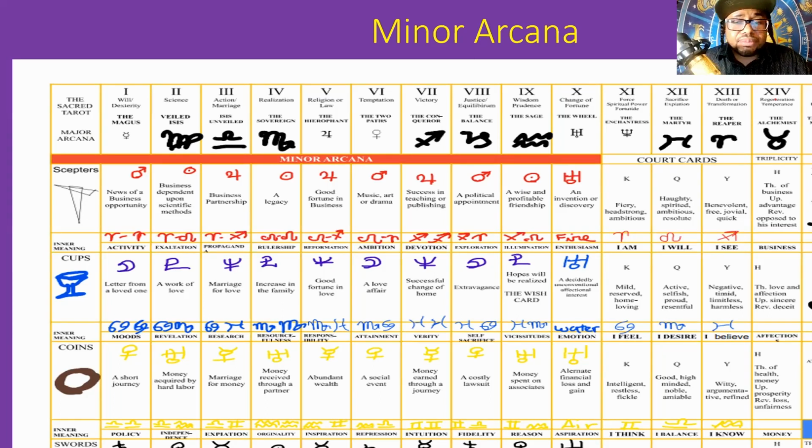And the inner meaning for that, each one of these minor arcanas has an inner meaning, the inner meaning for that is activity. Once you begin to understand the astrological significance, then equating Mars with activity makes absolute sense to you.